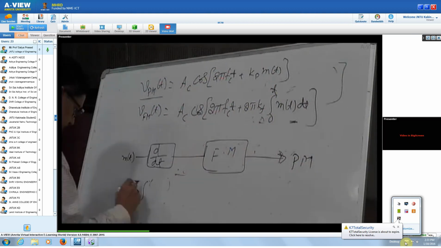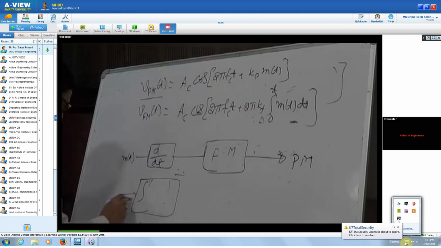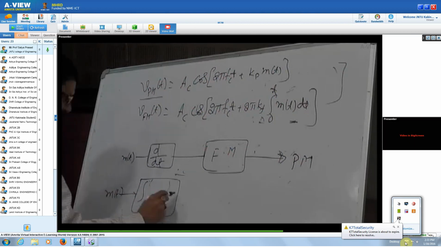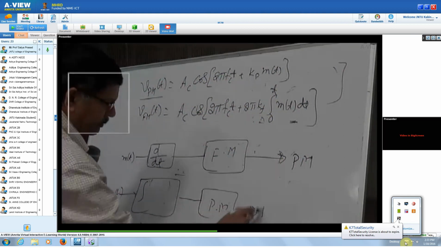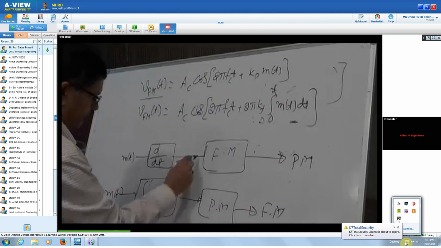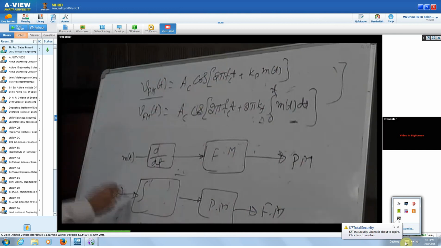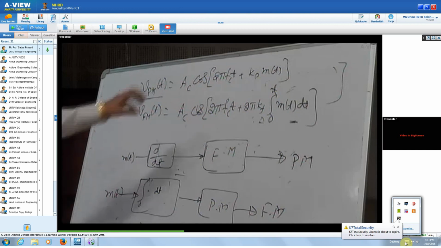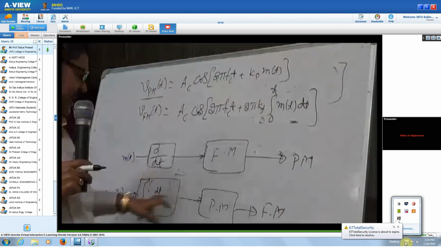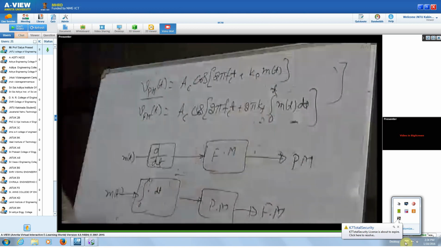Similarly, if you have an integrator and a phase modulator, we are going to get a frequency modulated output. This is integral 0 to t. That means here, instead of m of t, we are putting integral 0 to t of m of t dt.